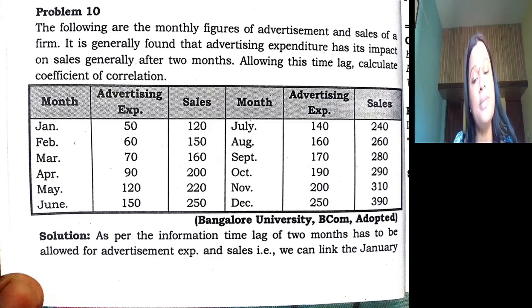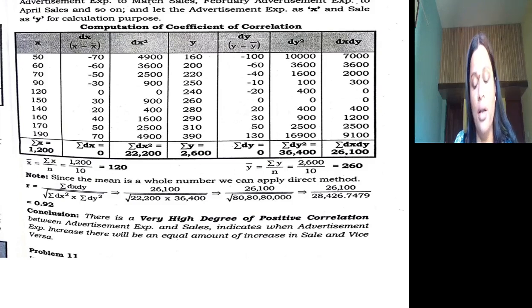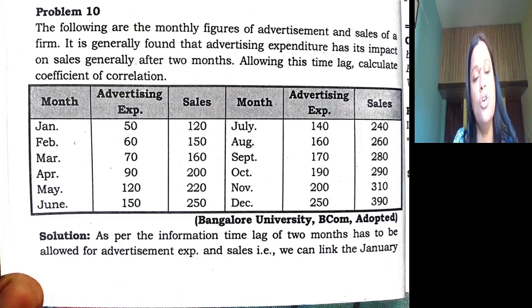But these advertisement expenses have impact on sales when? After 2 months. So the 50 rupees we spend in January will create impact on March sales. That's why we should not take January, February sales as Y. We should take March sales.